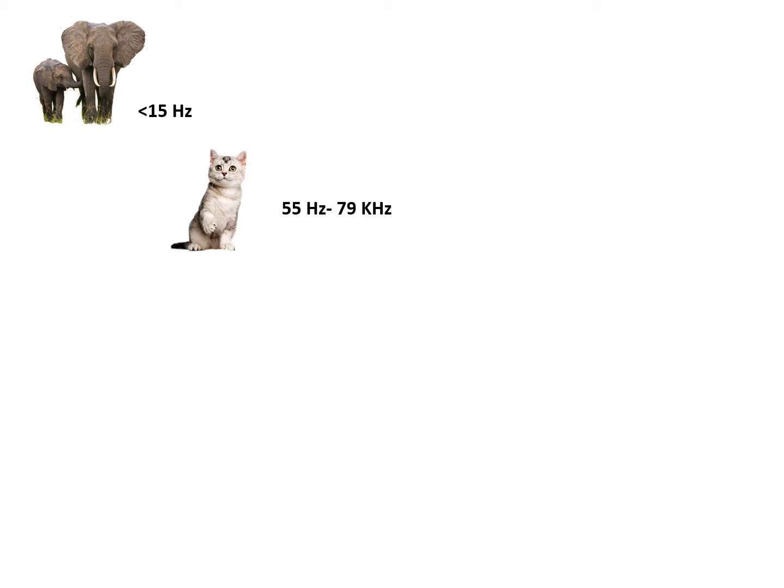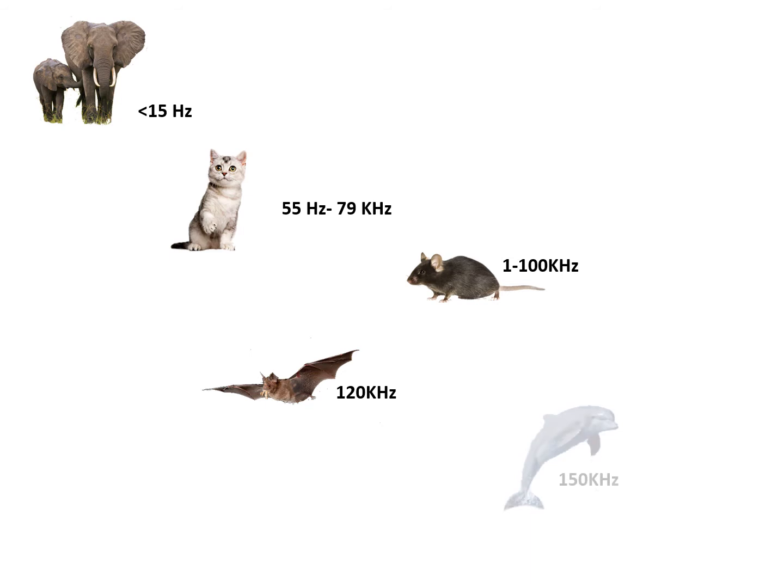That is why they are able to find mice so easily, because mice communicate in the range of 1 to 100 kHz. Bats use frequencies of up to 120 kHz for echolocation, and dolphins can hear as high as 150 kHz.